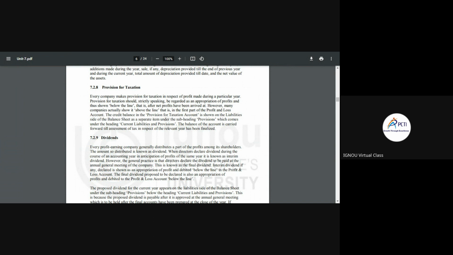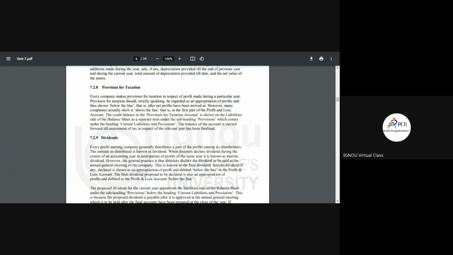For that payment, we will make a provision for taxation account, and it will be shown on the liability side of the balance sheet under a separate item, with the subheading provisions. That will be considered as current liabilities and provisions in the balance sheet.